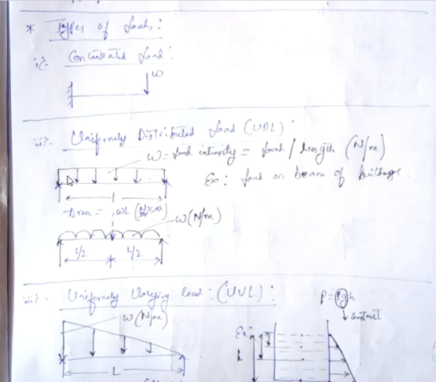That is called load intensity. So load intensity is nothing but load per unit length of the beam. The unit of load is Newton and length is meter, so the unit of load intensity will become Newton per meter.